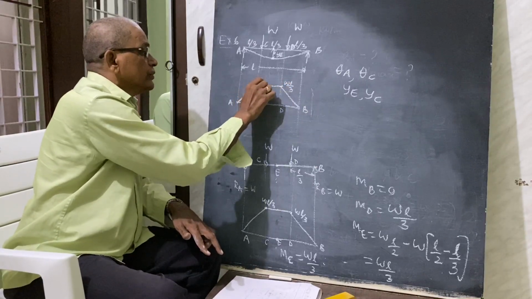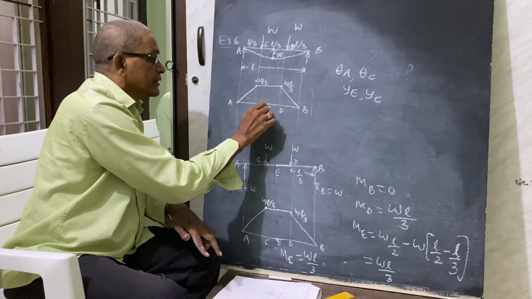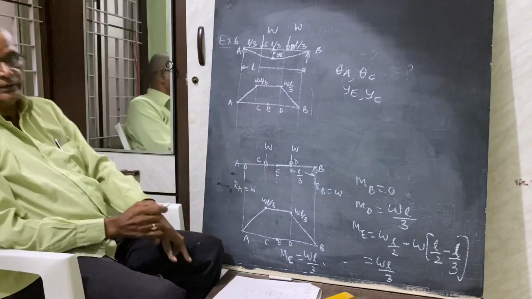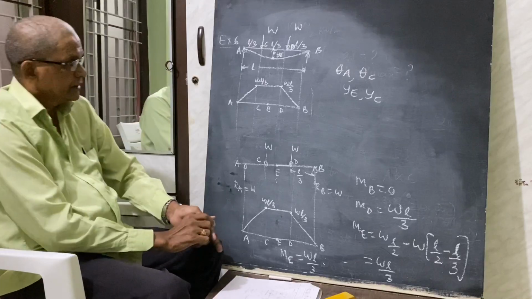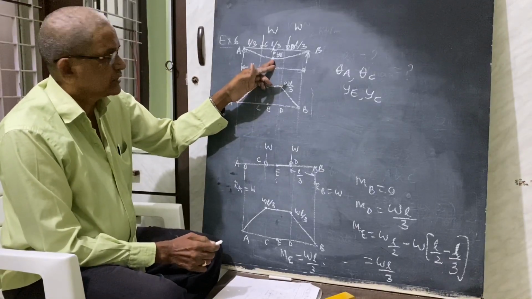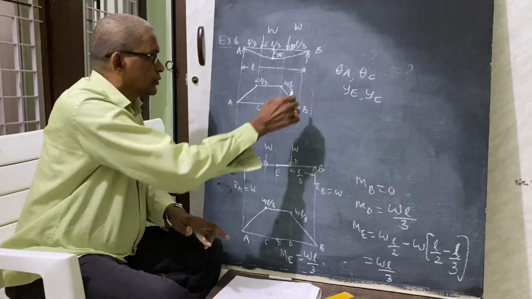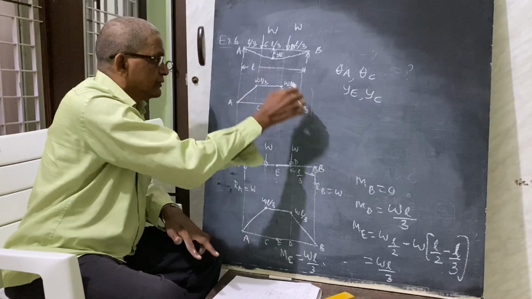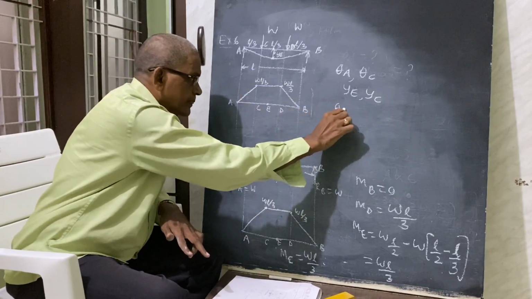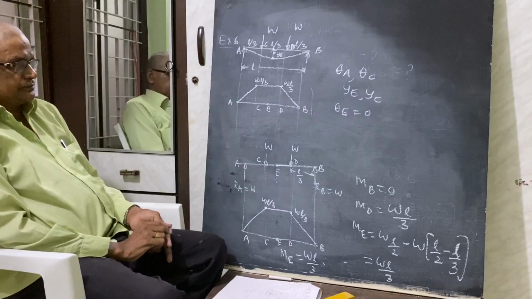This is also WL by 3. And this point is E. E is the center point. And what is the slope at E? 0, because maximum deflection is occurring at E. So slope at E, that is theta E, will be equal to 0.